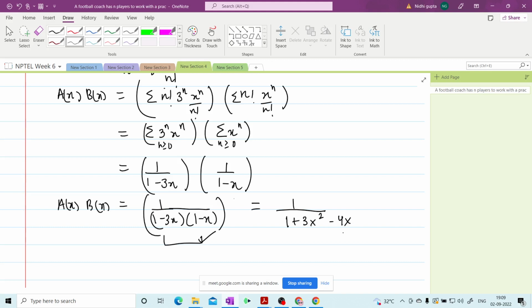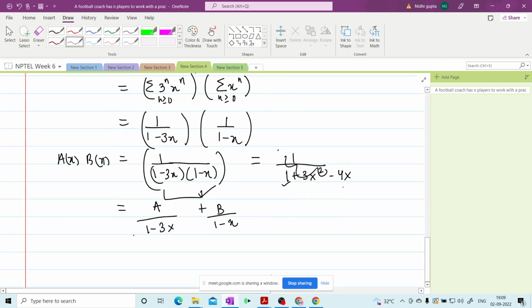Okay, sorry, we don't have to multiply it. Now if we want to solve this, we break it down into partial sums and then we solve it. So you solve this to find the values of a and b.